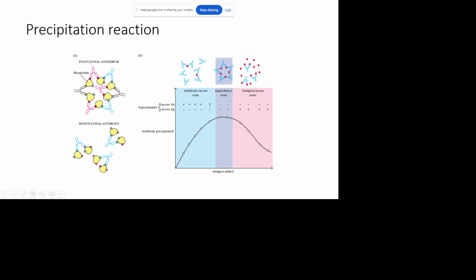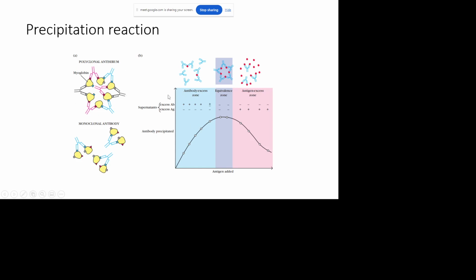So this polyclonal antiserum can make this precipitation, but the monoclonal antibody cannot. So this is very important: the precipitation reaction can only be done with polyclonal antiserum, not with monoclonal antibody.